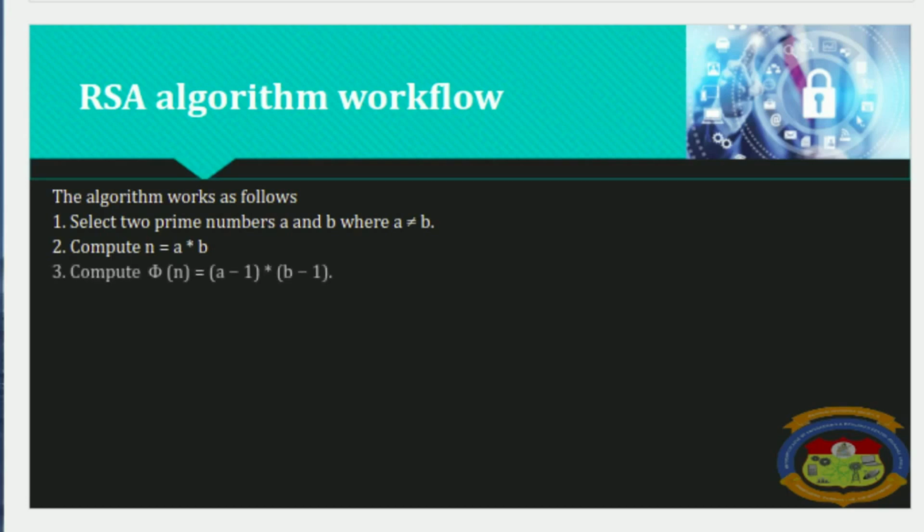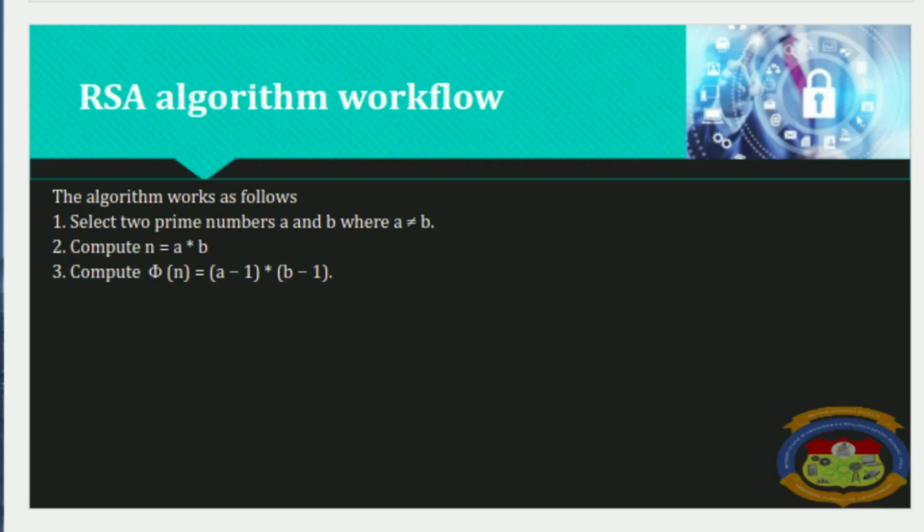In the third step, we use Euler's totient function, also known as the phi function, represented by phi of n, that counts the number of integers between 1 and n. It is computed as phi of n equals (A minus 1) times (B minus 1).